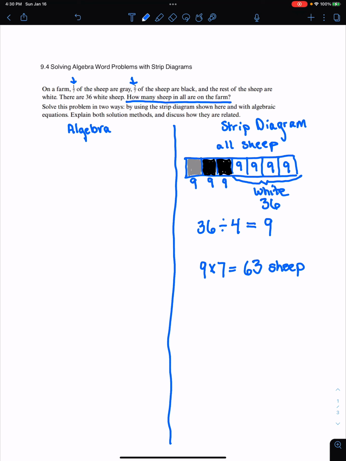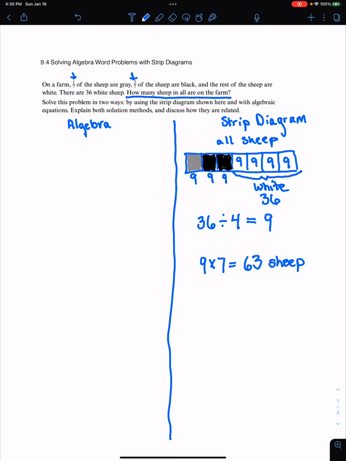So here, what I could do is I could say, all right, I have these sheep on the farm, and I'm going to say that there are 7 pieces of sheep.